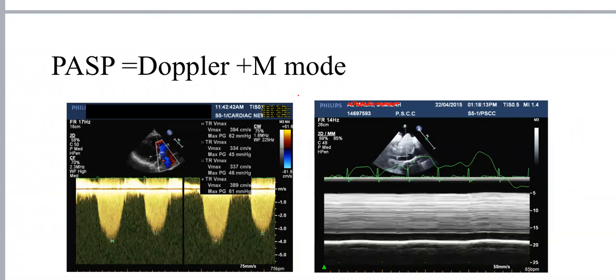Even normal individuals can have an IVC which is so dilated. So the accuracy that the IVC reflects the RA pressure isn't so good. So you have to be wary of that piece of information.